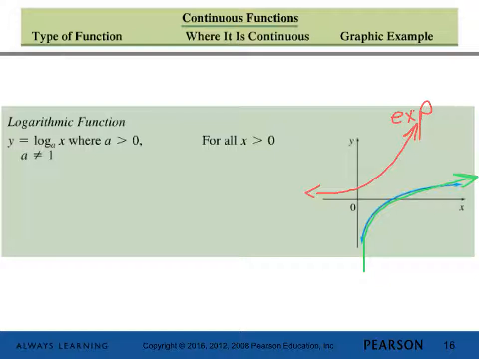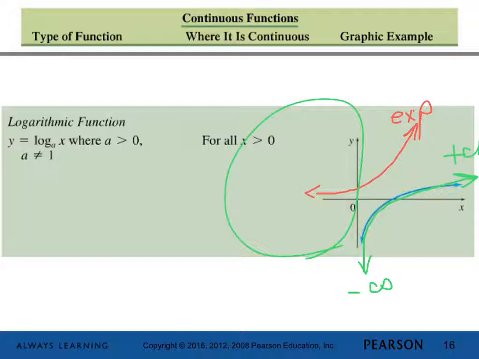Since it comes up from the bottom, you notice that there's nothing over here, because that function just keeps approaching negative infinity on that side, and it approaches positive infinity on the other side.